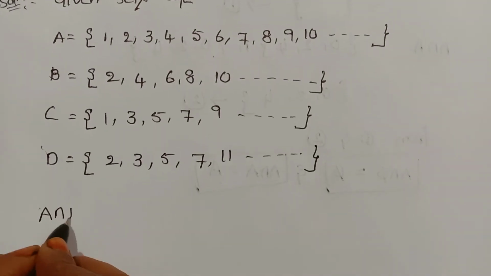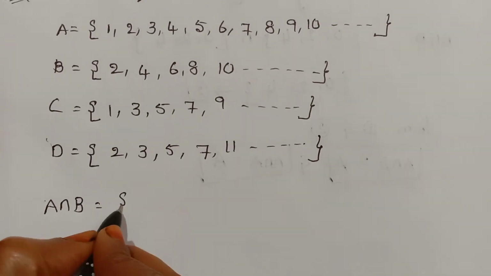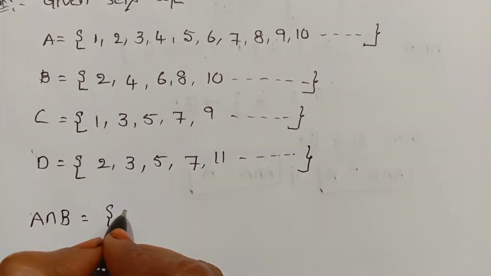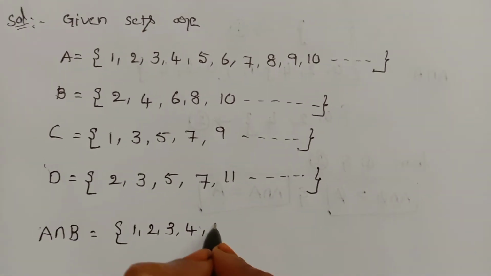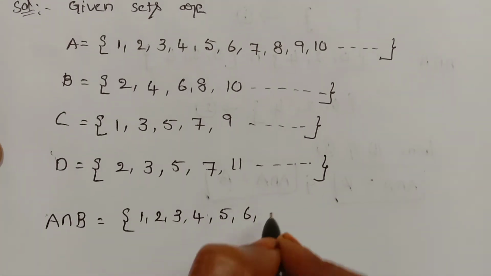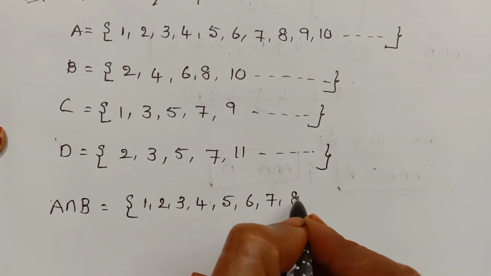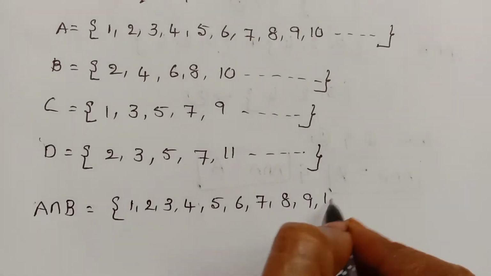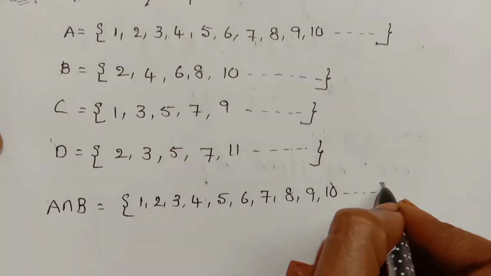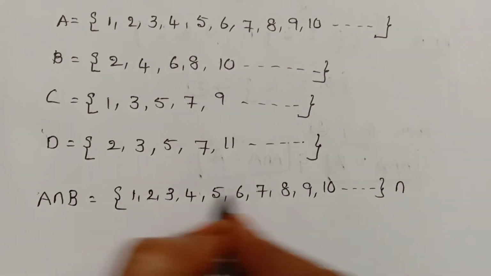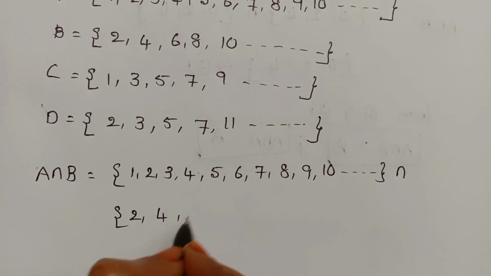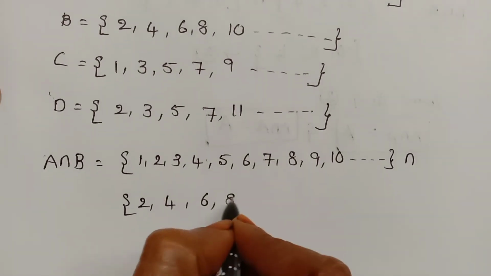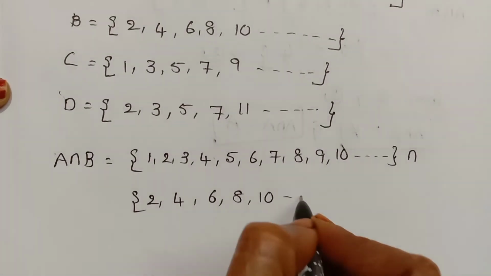A intersection B: A is 1, 2, 3, 4, 5, 6, 7, 8, 9, 10 and so on, intersection B is 2, 4, 6, 8, 10.